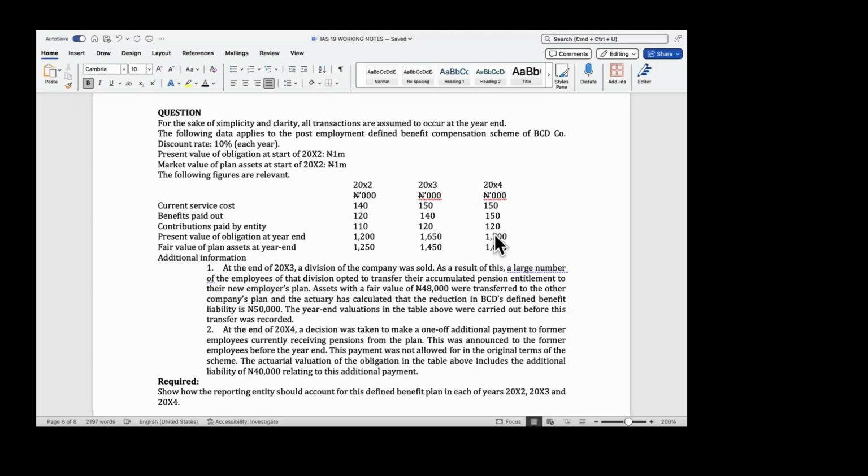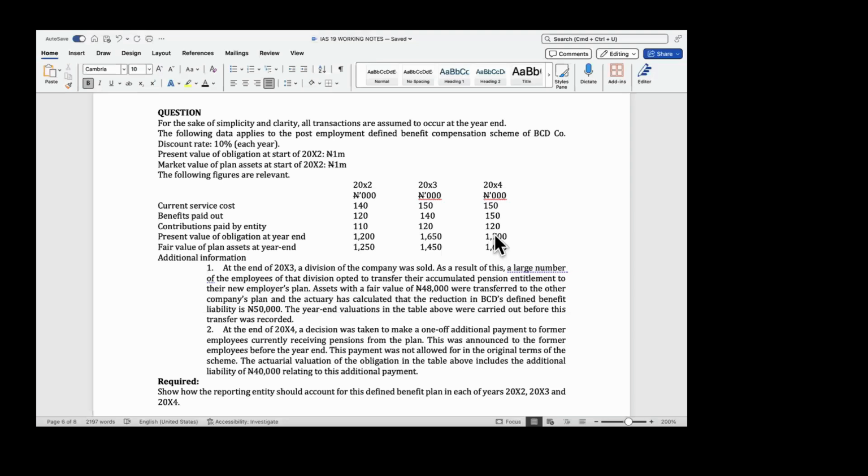Present value of obligation at start of 20X1 is 1 million. Market value of plan assets at start of 20X1 is 1 million. The following figures are relevant: current service cost, benefit payout, contribution paid by entity, present value of obligation at year end, fair value of plan assets at year end, for 20X2, 20X3 and 20X4. Assume all figures correct.